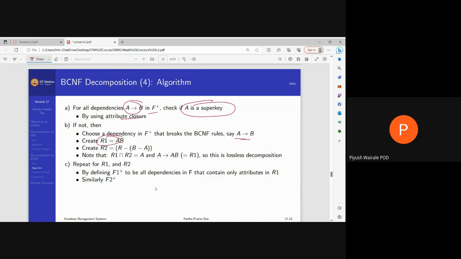Just take the closure of AB, then the remaining attributes are R minus B minus A, right? So note that the intersection of R1 and R2 should give AB, so this is lossless decomposition, right? This is what I discussed during the first question, question number 2 that we discussed for week 5 and week 6, and repeat for R1, R2, right?